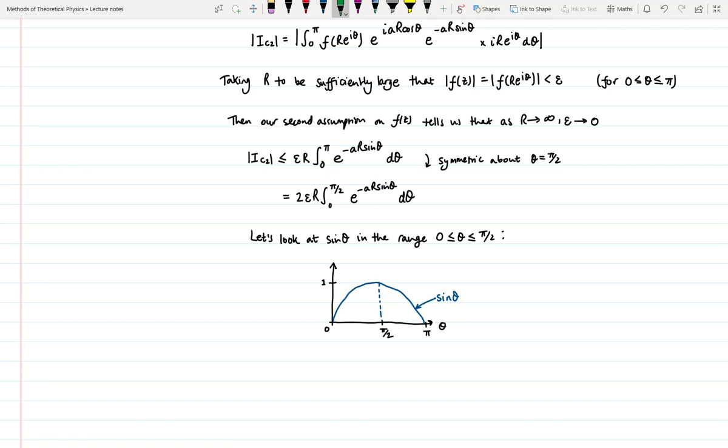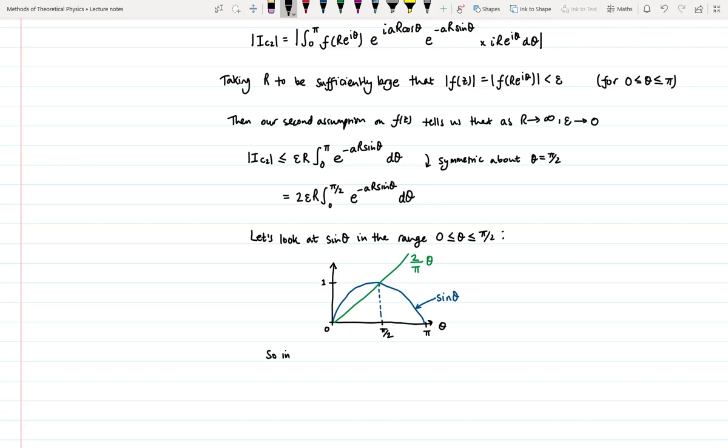Now I'm going to draw a straight line. And this straight line is described by 2 over pi times theta. What's the significance of this?